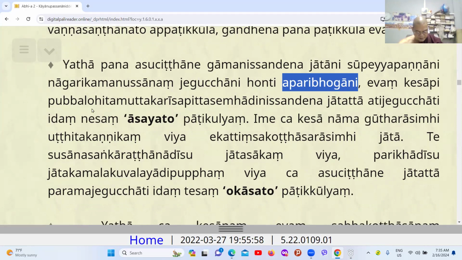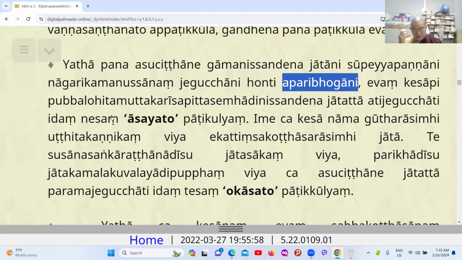Kesa: popa, lohita, mota, krisa, peta, semadi, nesina, jadada. The krisa grows in our head. Because of growing in our head, it is connected with popa, the pus, lohita, the blood, mota, the urine, krisa, the pieces, peta, the fern, and sema, the plaque.